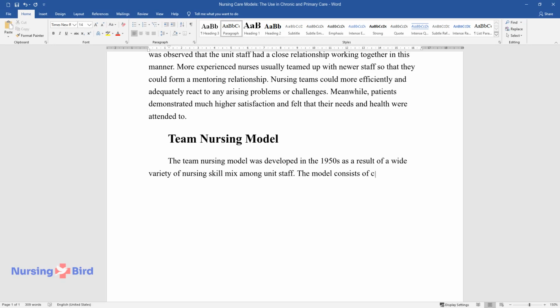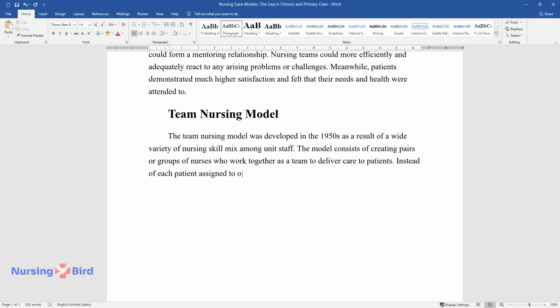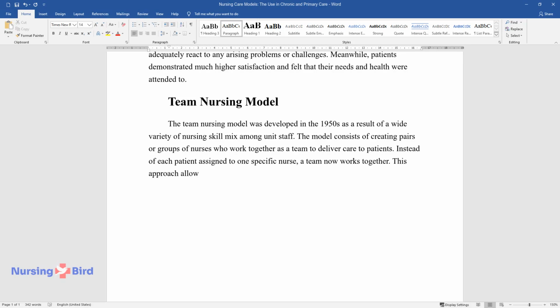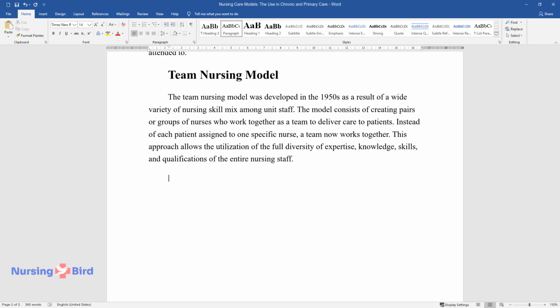The model consists of creating pairs or groups of nurses who work together as a team to deliver care to patients. Instead of each patient assigned to one specific nurse, a team now works together. This approach allows the utilization of the full diversity of expertise, knowledge, skills, and qualifications of the entire nursing staff.